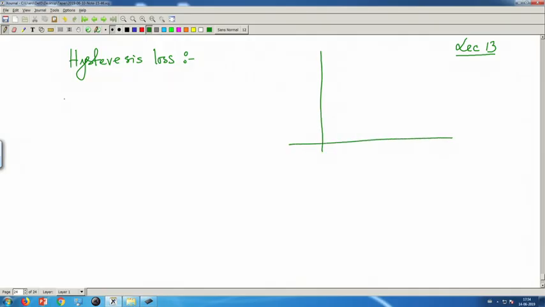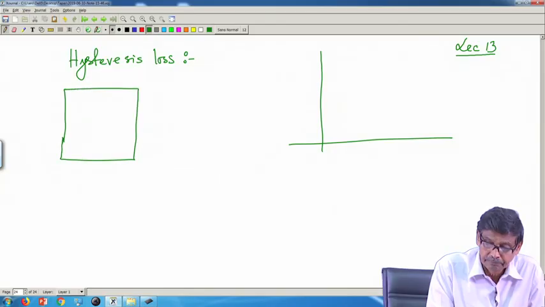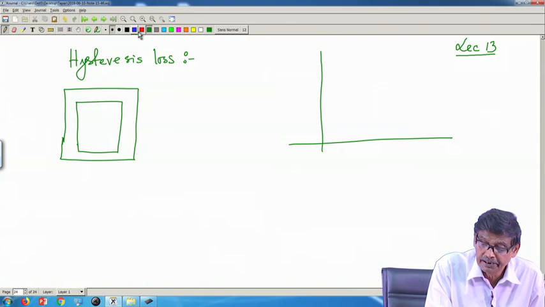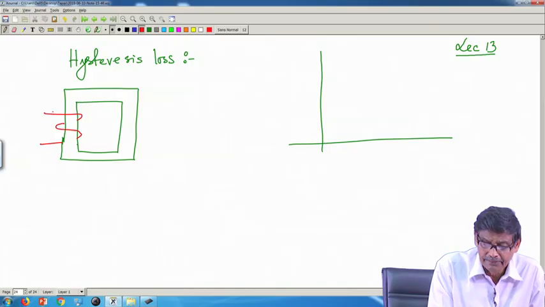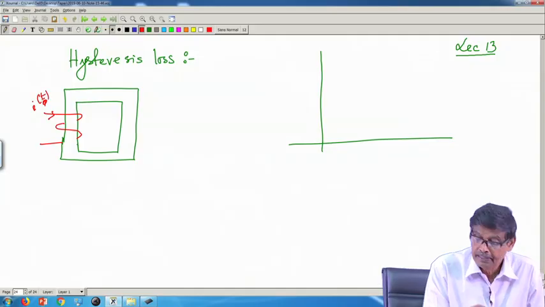Suppose you have a magnetic circuit like this. Let it be like this, it does not matter. And you have a coil wound over it, exciting coil. Here I will pass current I, function of time.